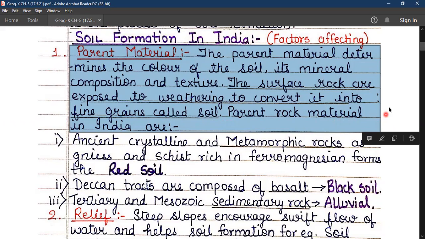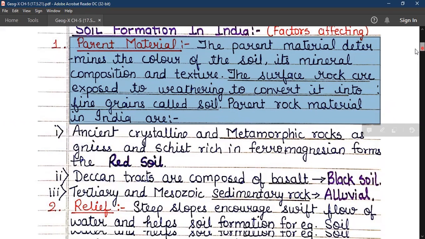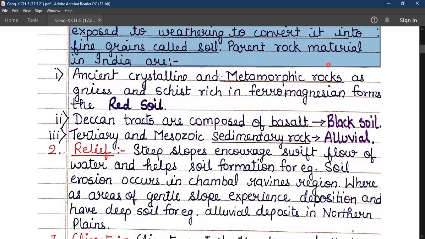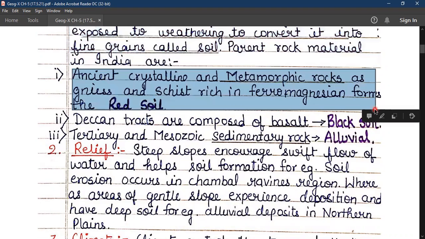Parent rock materials in India are, first, ancient crystalline and metamorphic rocks such as gneiss and schist, rich in ferromagnesium, which form the red soil. Metamorphic rocks form the red soil.